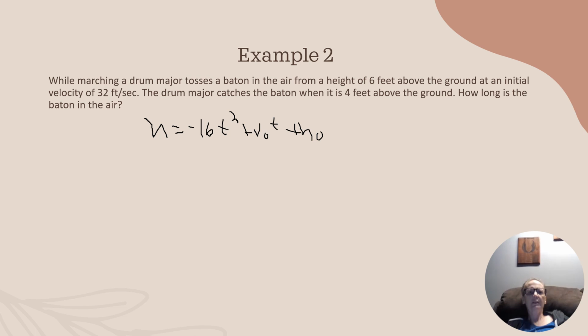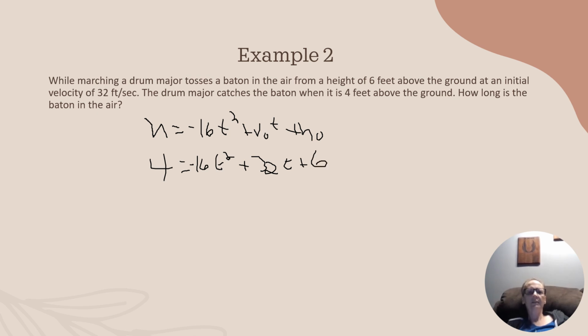Now we fill in the information we know. The final height is where he catches it, which is at 4 feet. The v0 is the initial velocity, which is 32 feet per second. And our initial height is 6 feet above the ground.